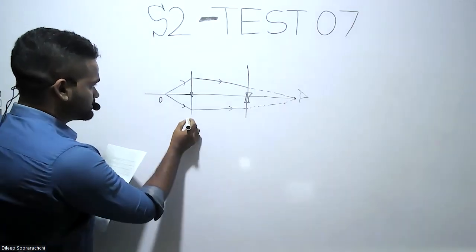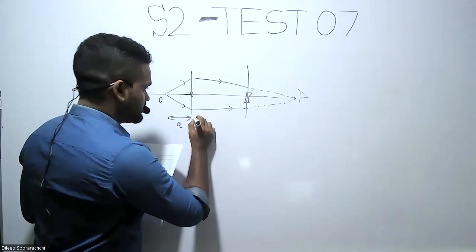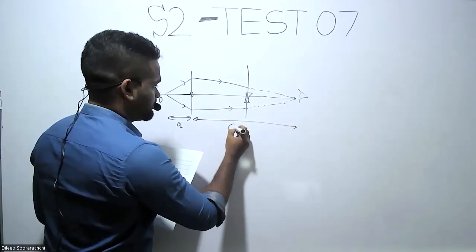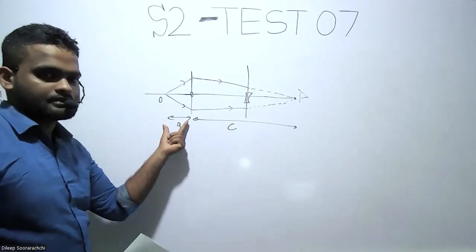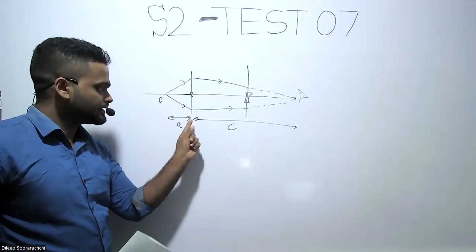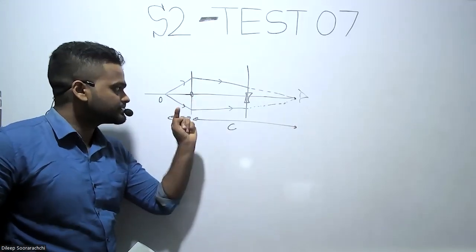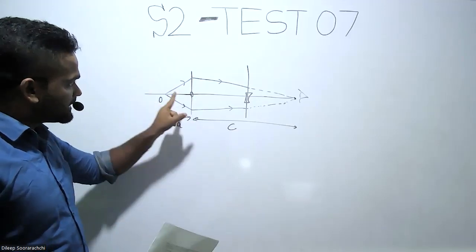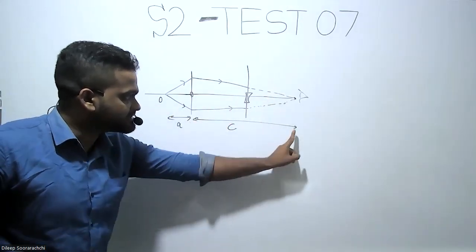And this distance is given as A, and this whole distance as C. So this is the object distance for the convex lens. This is the image distance for the convex lens. When you place the object here, the convex lens forms an image at a distance C.